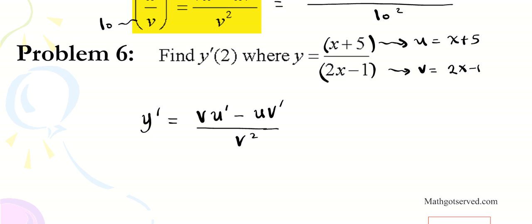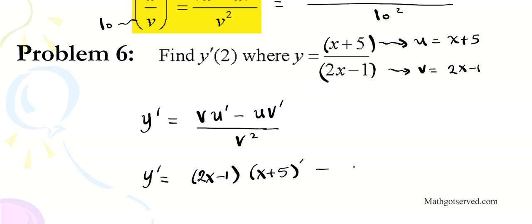All right, so that's going to give us y prime equals v, which is 2x minus 1, times u prime, which is x plus 5 prime. That is v u prime minus u v prime.